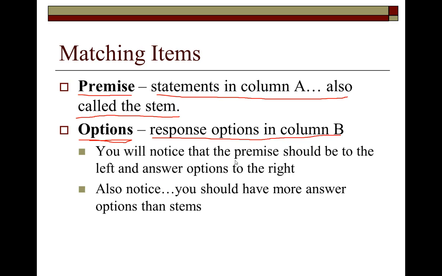So you want your premise in the left-hand column and your answers to the right. And that's just how we do it. Also, you should have more answers than stems. I should say more options in the option column than in the stem column.